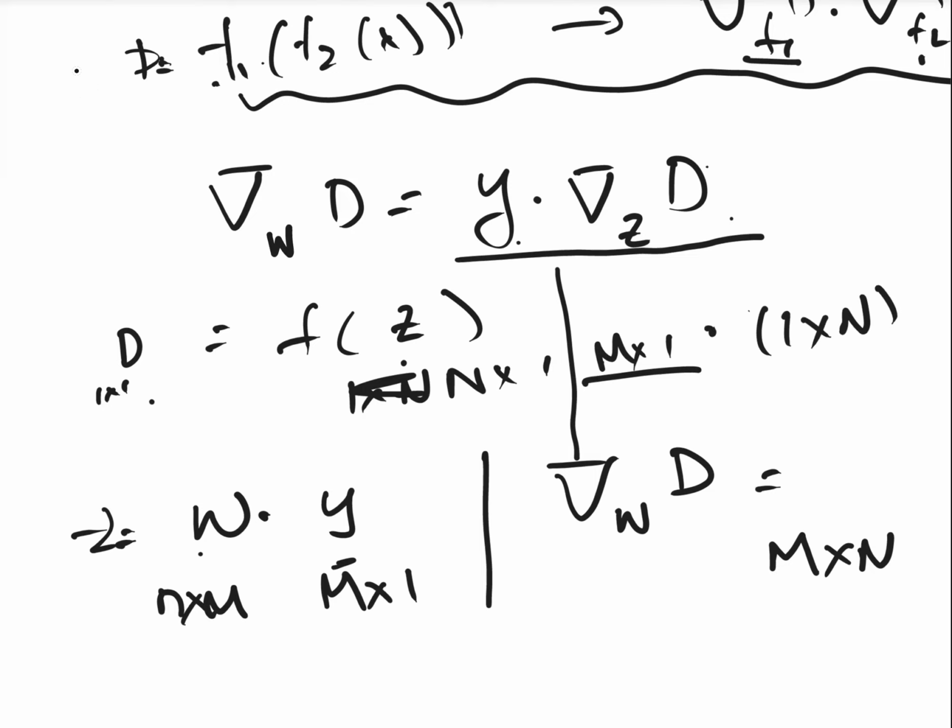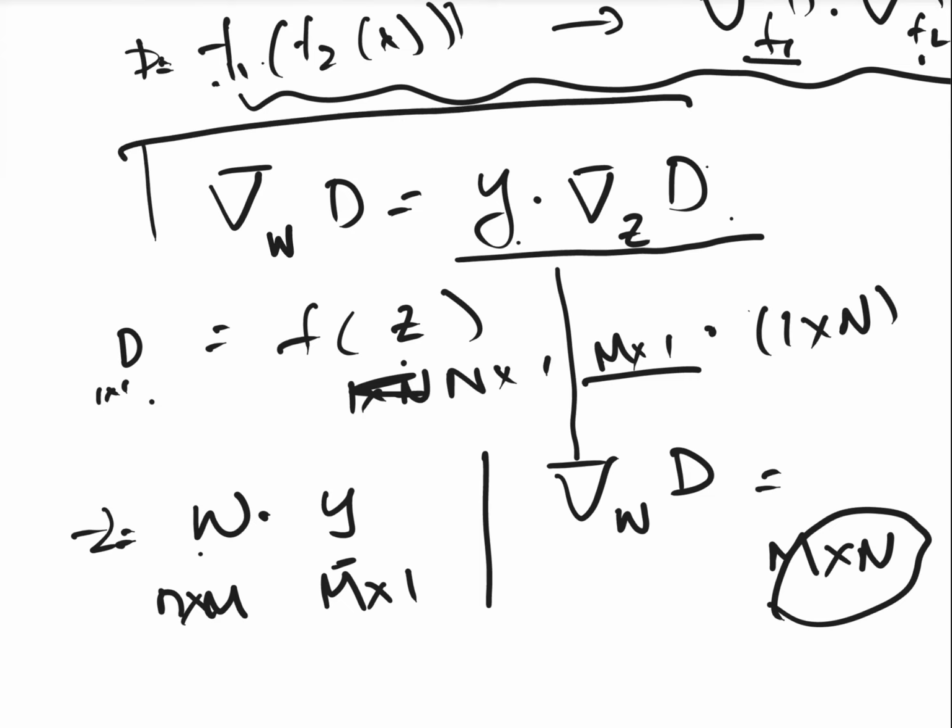M cross n. Voila, you got the correct size, right? So do you see how the size works out when you have this equation? Can you see that the size works out? I'd like to see a few more confirmations.